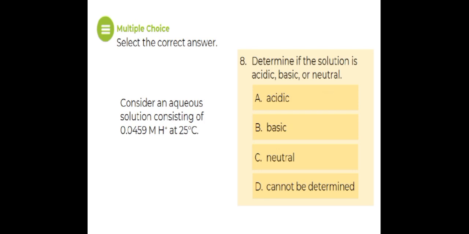Consider an aqueous solution consisting of 0.0459 molar hydrogen ion at 25 degrees Celsius. The question is, determine if the solution is acidic, basic, or neutral. Is it A, acidic, B, basic, C, neutral, or D, cannot be determined?